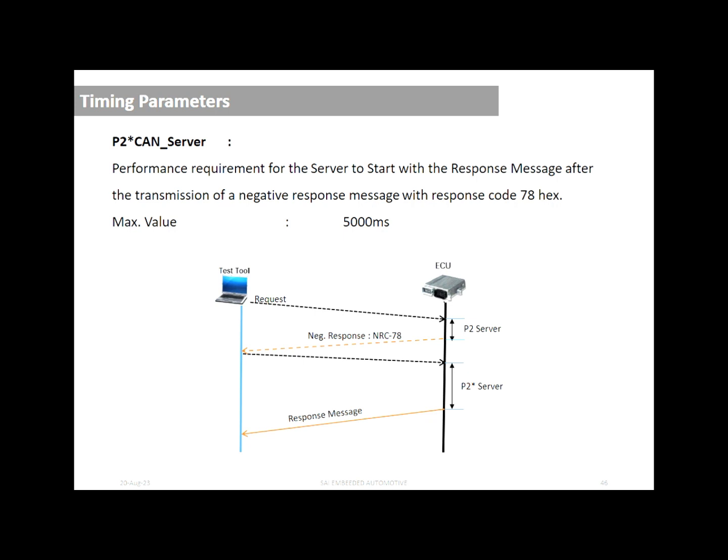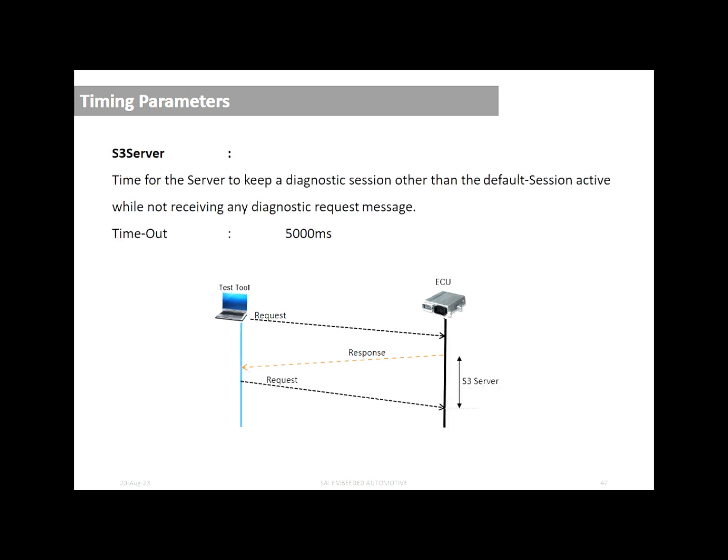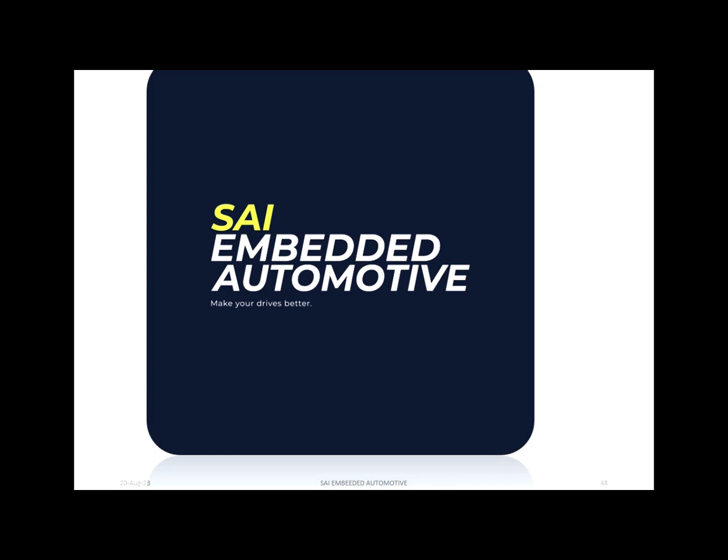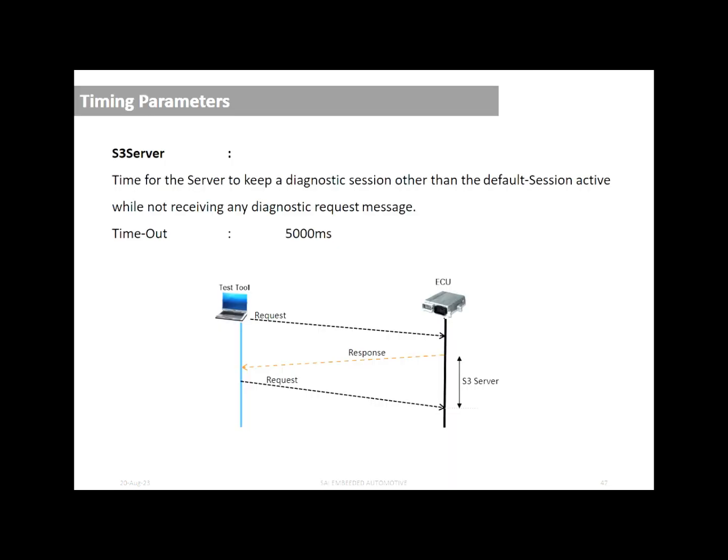P2 star server is a performance requirement for the server to start the response message after the transmission of the negative response with the 78 request correctly received, response pending. So this is about the P2 and P2 star timer, and the S3 server timer, we call it as S3. It is the time for the server to keep a diagnostic session other than the default session active while not receiving any diagnostic request. So this is about the P2, P2 star timer and S3 timer.